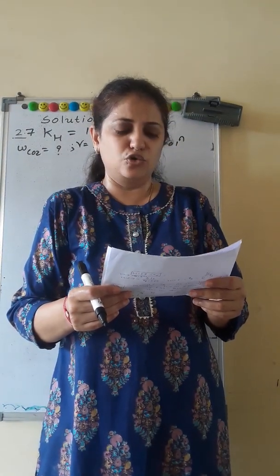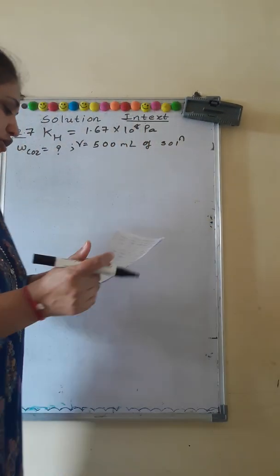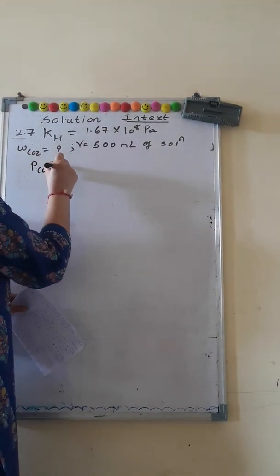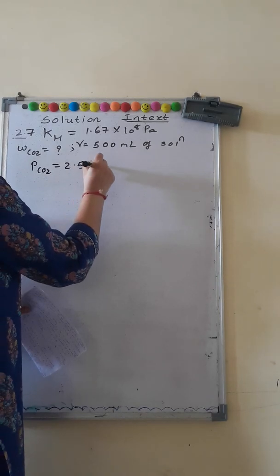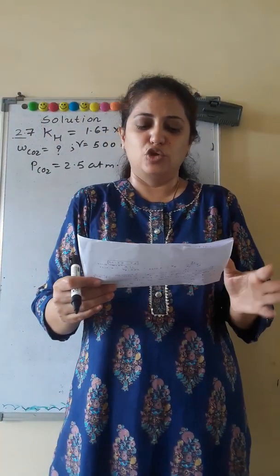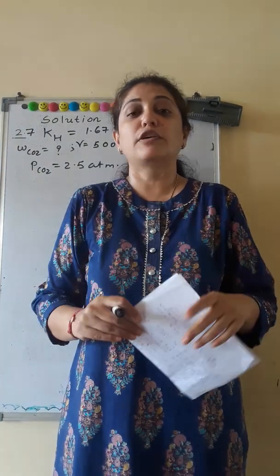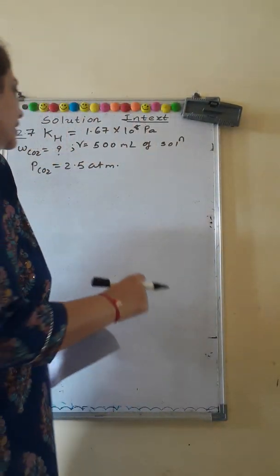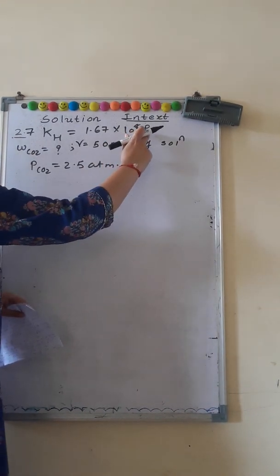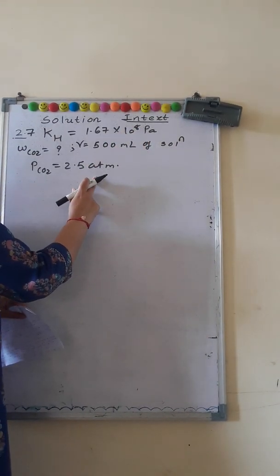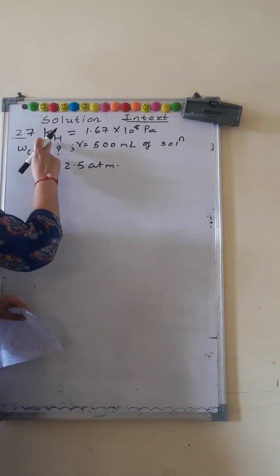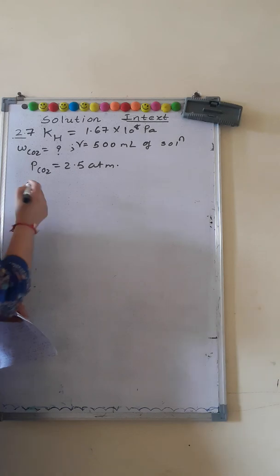When packed under 2.5 atmosphere CO2 pressure, so pressure of CO2 is equal to 2.5 atmosphere at 298 Kelvin. The first thing we will be doing is we have observed that unit of pressure is different. Here it is given in Pascal, here it is given in atmosphere. So we will convert this atmosphere into Pascal because kH is given in Pascal.